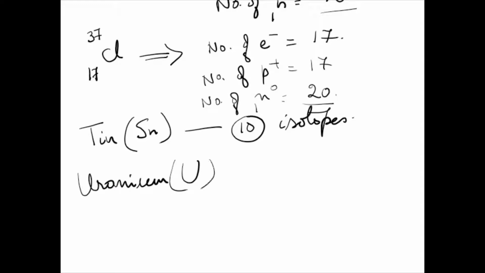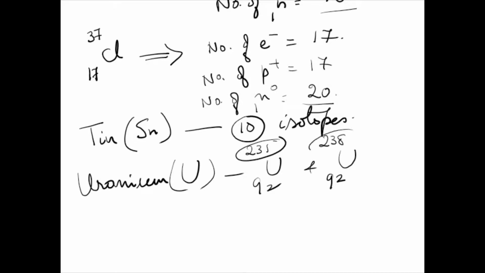U is the symbol. Usually the atoms of these heavy elements are responsible for the phenomenon of radioactivity. We will learn what radioactivity is, then we will come back to these examples.